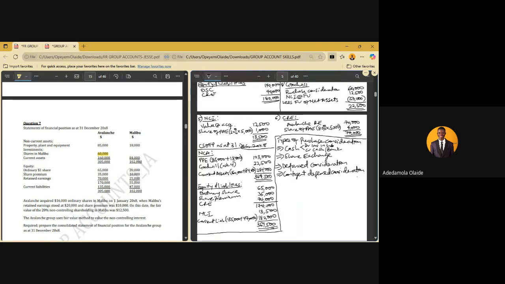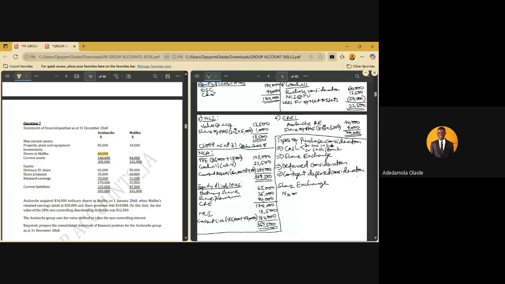So what will be the purchase consideration in that case? It will be the number of shares they are selling multiplied by the parent entity share price.